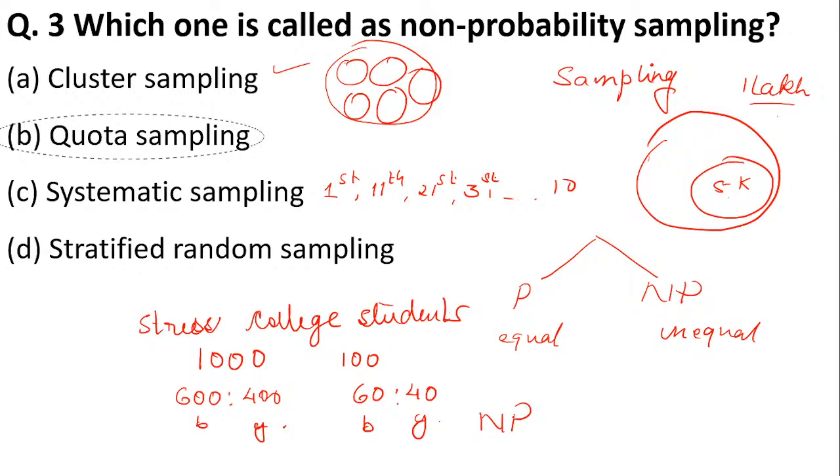One student is asking about stratified sampling. In this, you divide the population into smaller groups called strata. The people in each stratum have the same characteristics, and then you pick the sample.